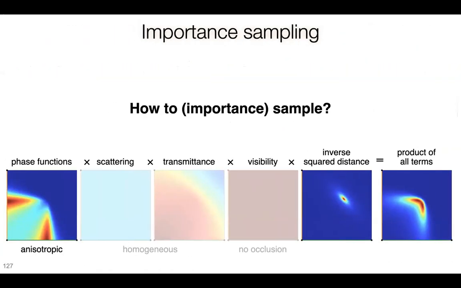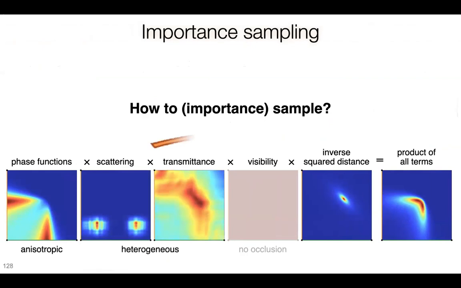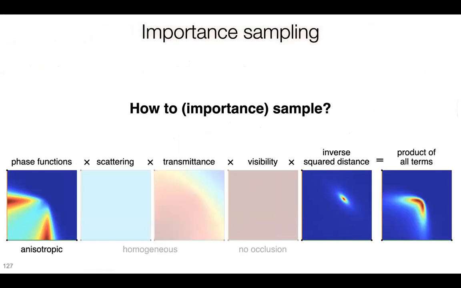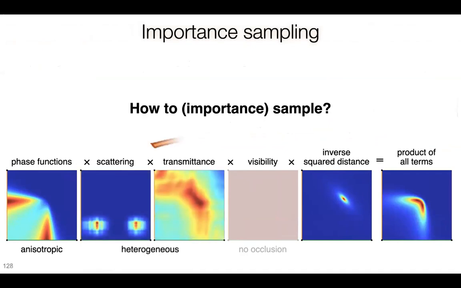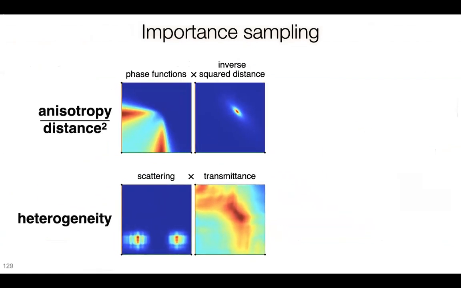All right. Now, we have included the phase functions. Next, let's make our lives a bit more complicated and assume scattering. Once you have scattering, which means your medium is heterogeneous, you could imagine that things become difficult to handle.